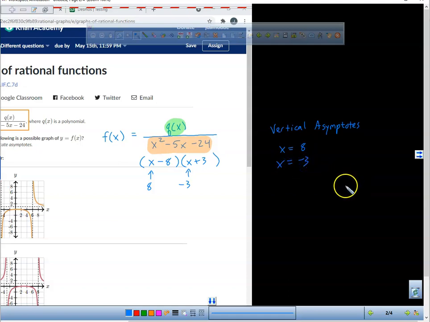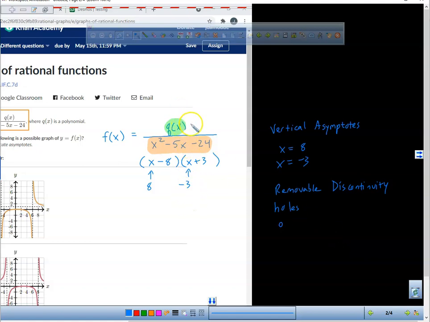But what else could they be in the denominator? You could also have this thing called removable discontinuity, which, back in the day, we just called holes, little tiny holes in the graph, where you can plug in a number, but it won't work. It'll make it undefined.